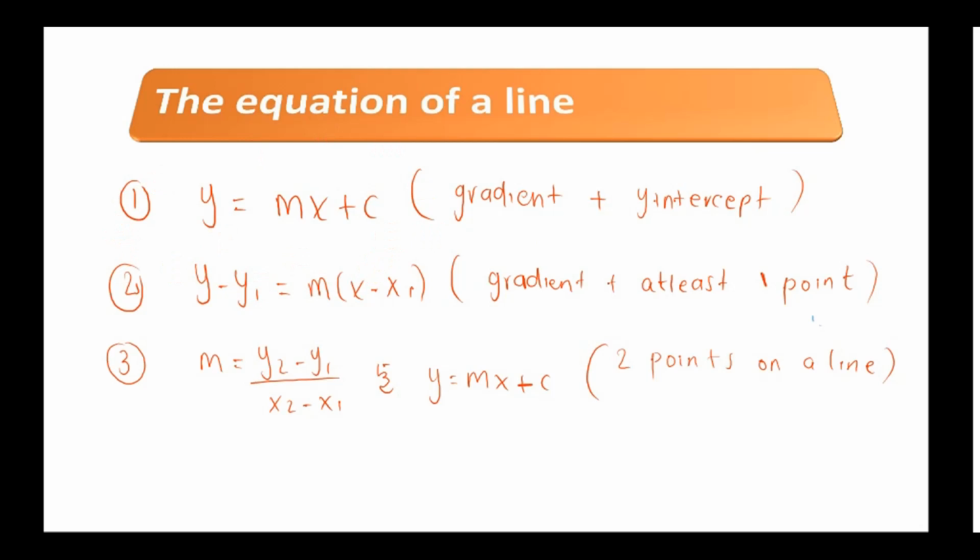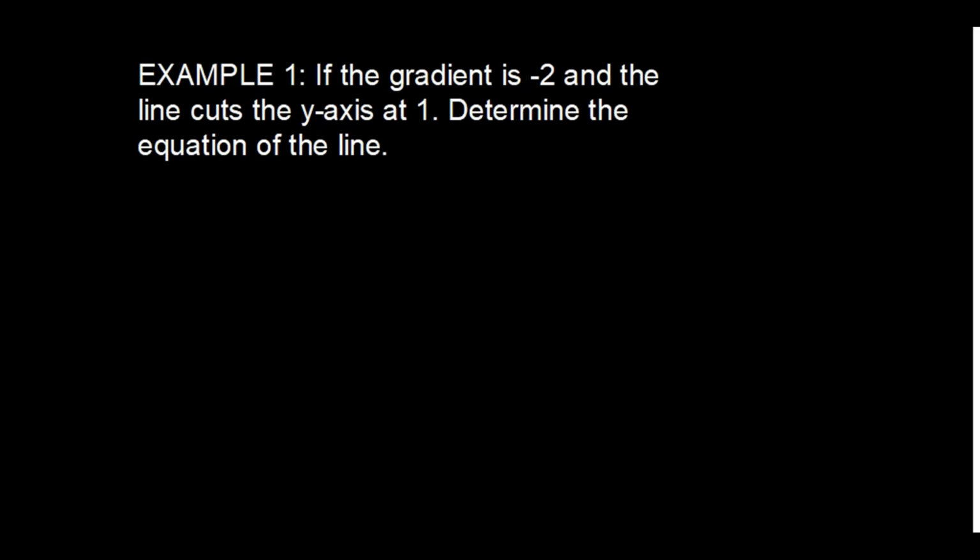So they're telling me that the gradient is -2, so our m is -2, and our c, because it cuts the y-axis at 1, is 1.